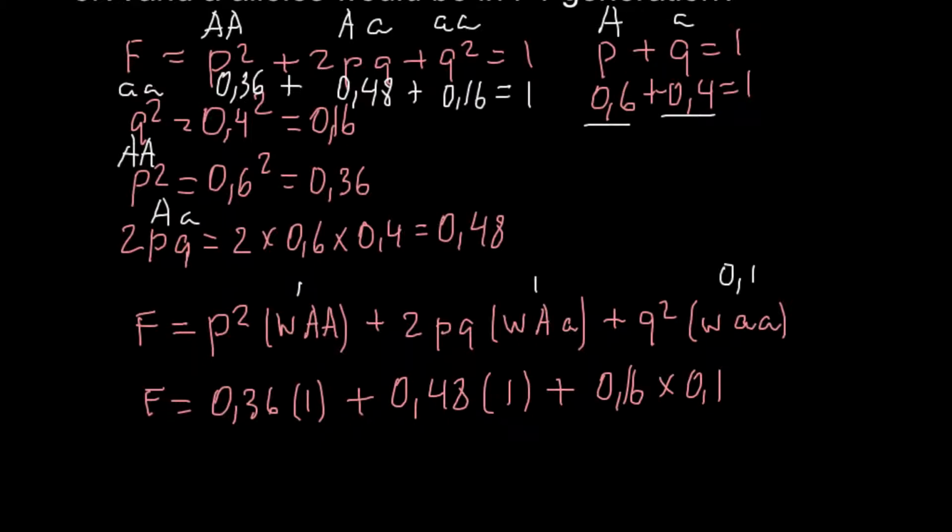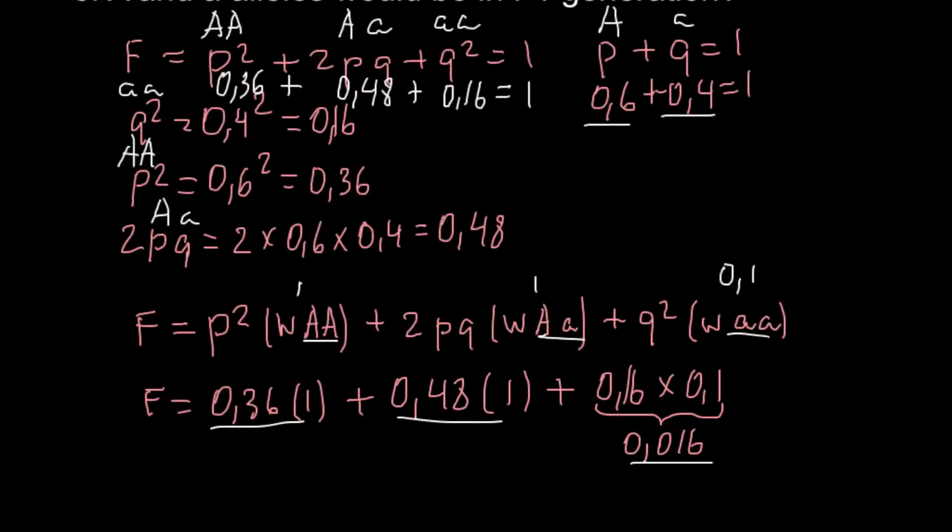So what we are going to get here is 0.016, and these numbers stay the same. And these are our genotypes.